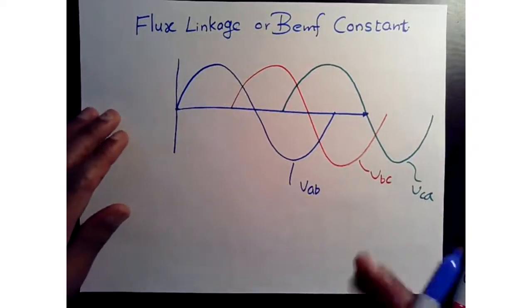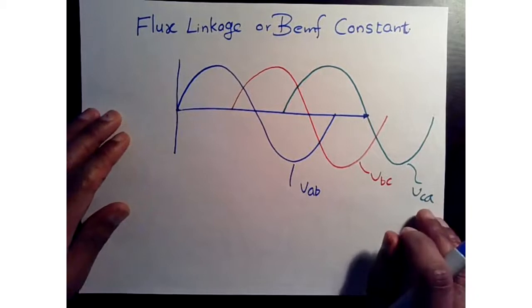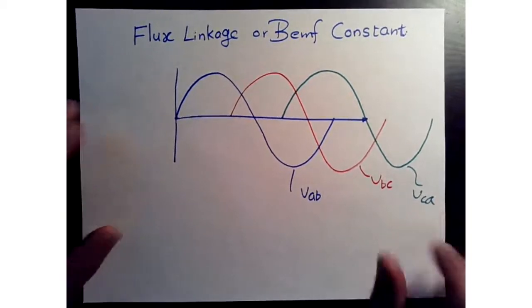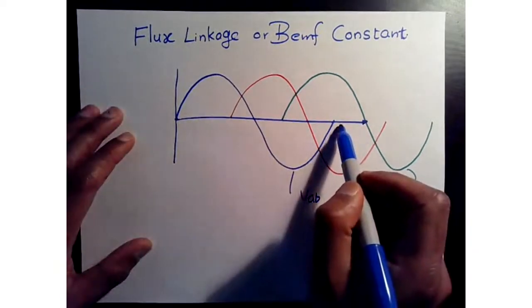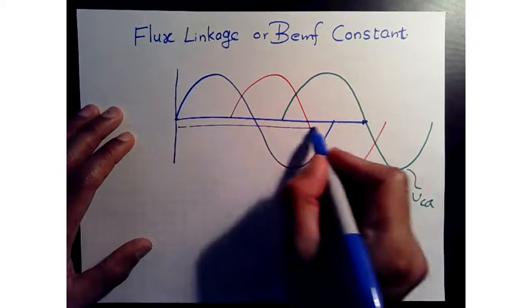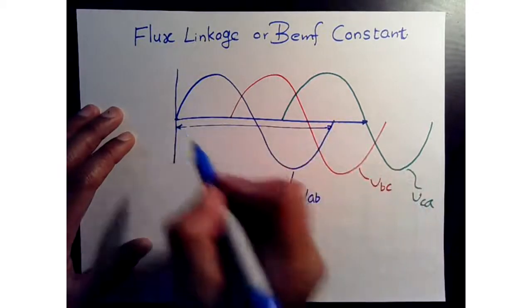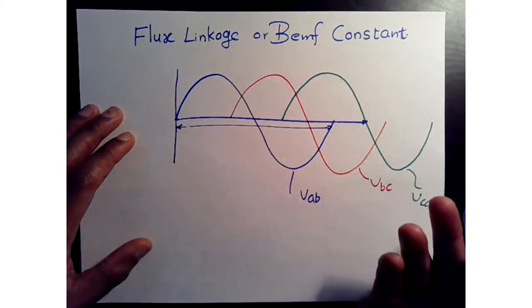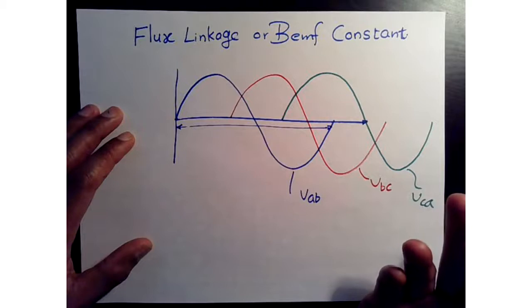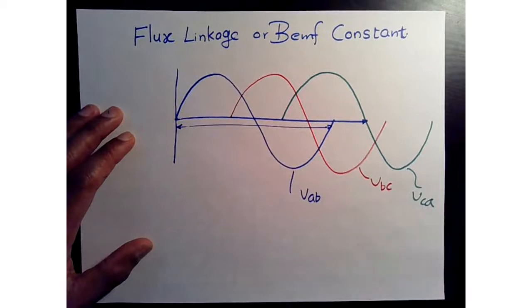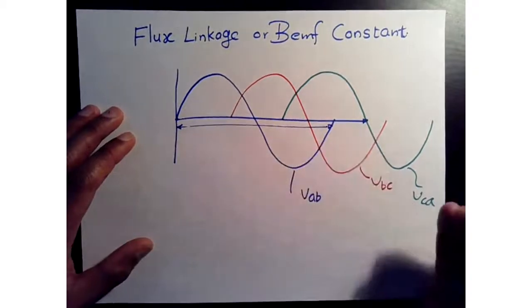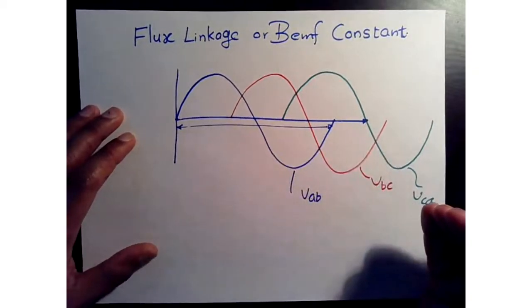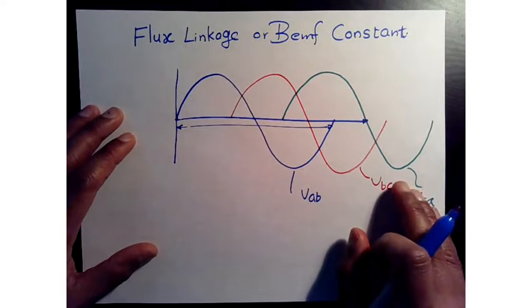You can do this at the same time as you do the phase sequence. You can do both at the same time, and from this you can even find the frequency. So you have an idea about the motor speed because you know how fast the motor is rotating based on the electrical frequency and number of poles, because number of poles we found previously.